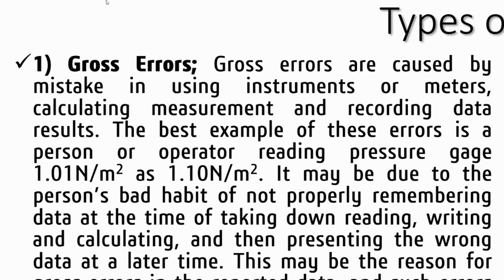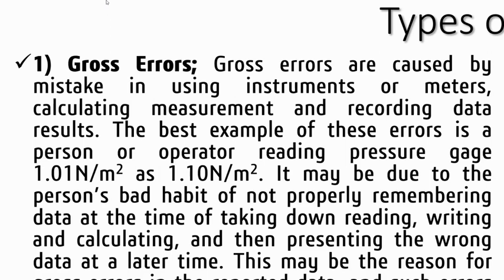The best example of this error is a person or operator reading a pressure gauge of 1.01 Newton per meter as 1.0.